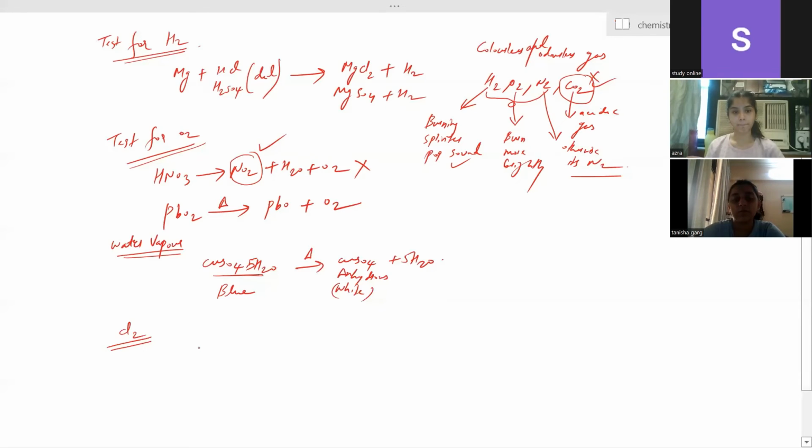You can, but that solution is used. Okay, any other thing? I will give you one hint also. This reaction is with HCl, and chlorine will be formed.